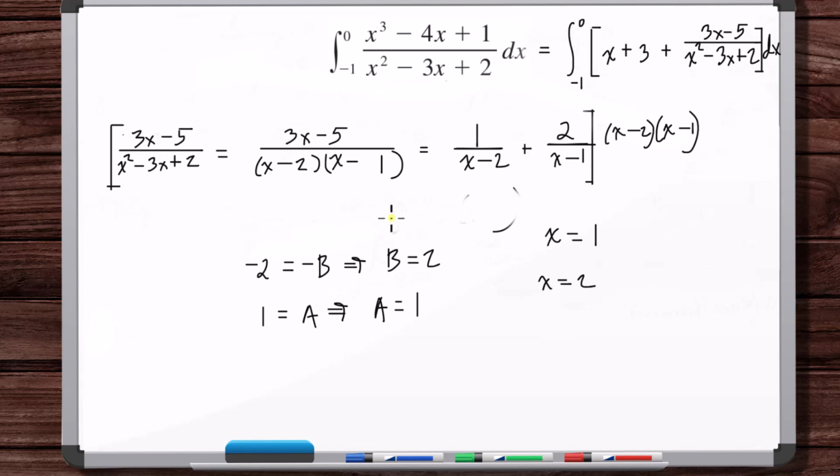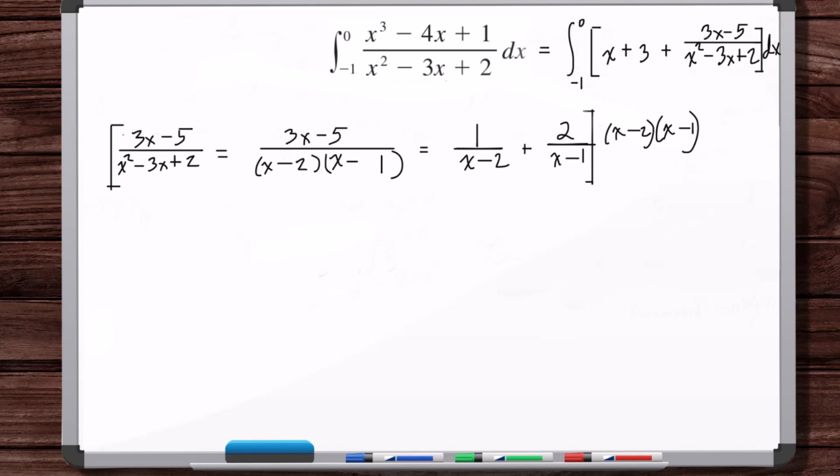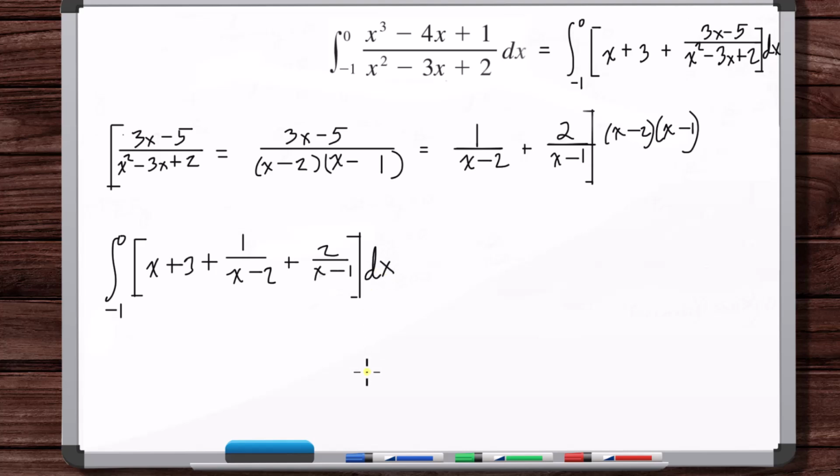And so we have the integral is x plus 3 plus, that's the integral, right? We put this here.